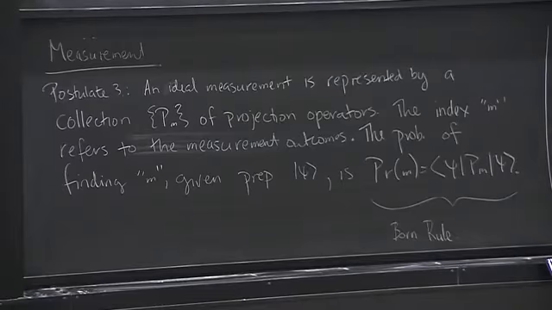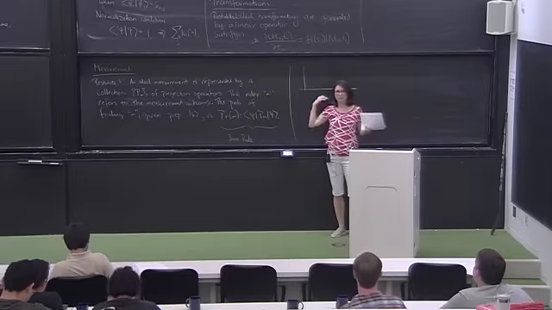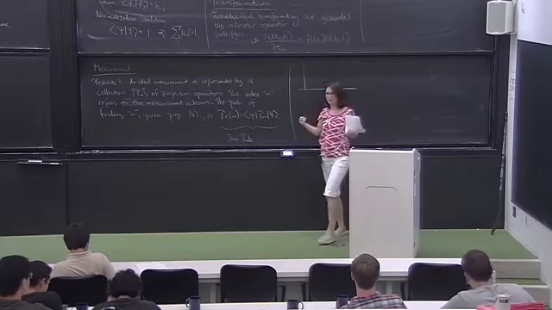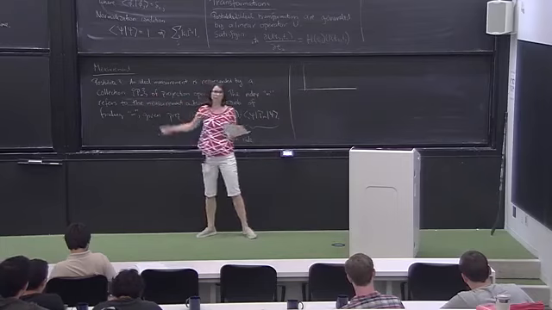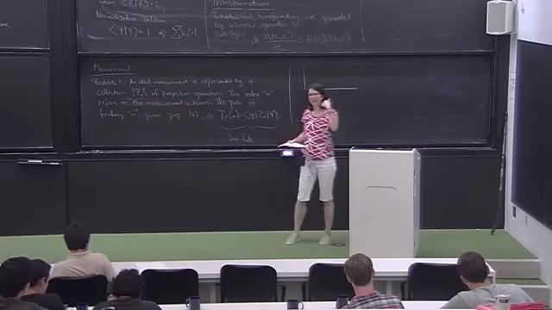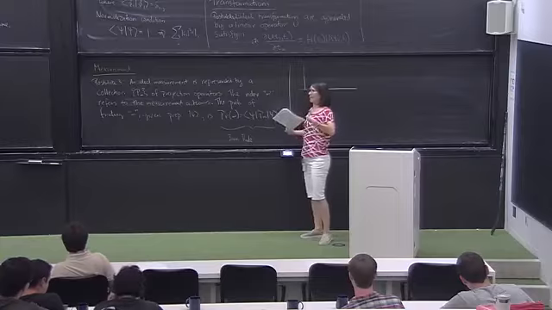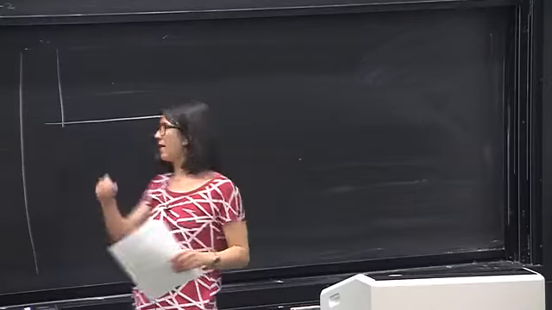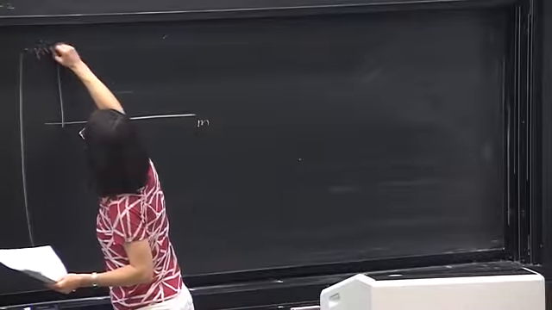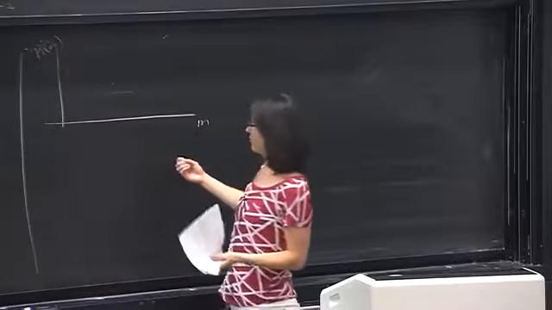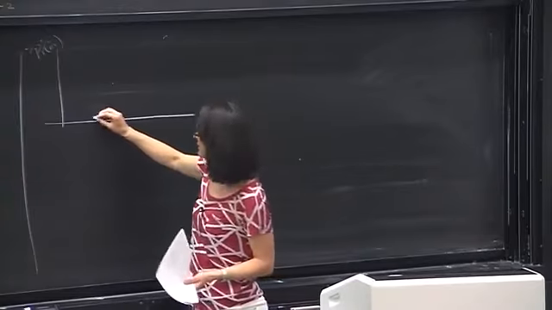the outcomes M. So for example, let's say you made the same preparation over and over again, and then made a measurement corresponding to this set of projectors. And every time you made the measurement, you got some outcome M. You then added something to your histogram.